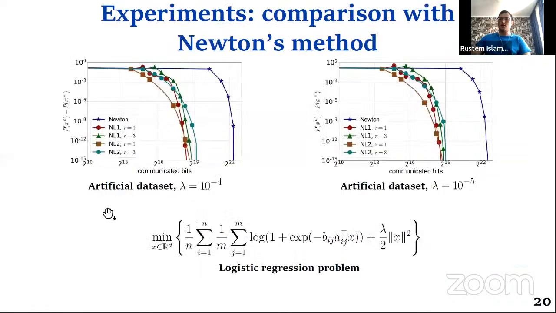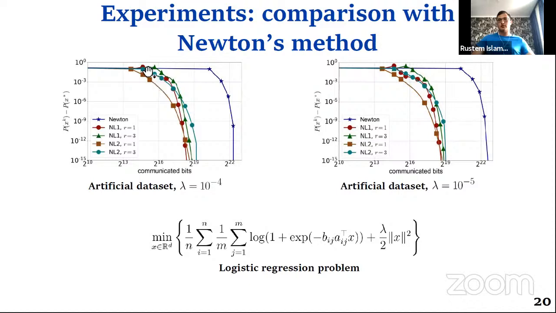Okay, and now let's compare our methods with some classic baselines. The first one is, of course, the Newton method. We compare them in terms of communication complexity, so here the x-axis is communicated bits. We compare them on an artificial data set, and we use a logistic regression model.